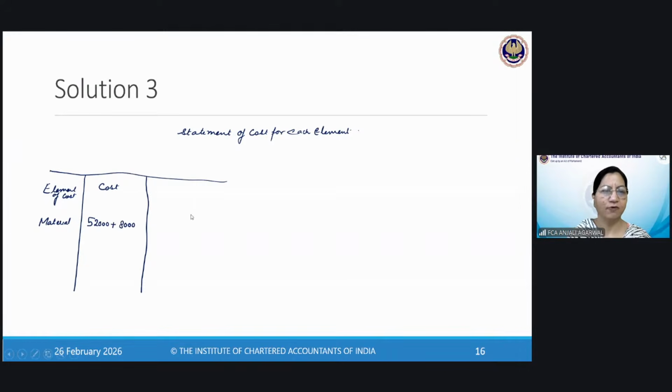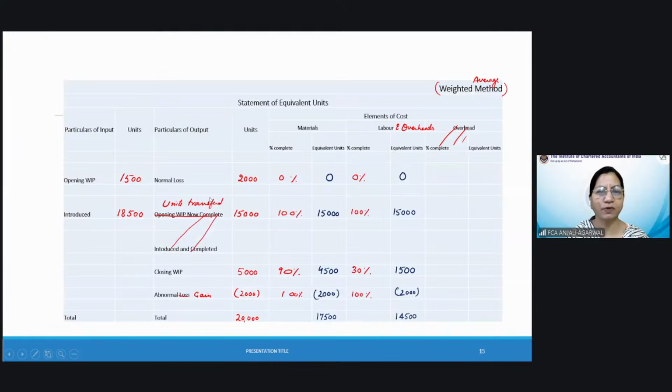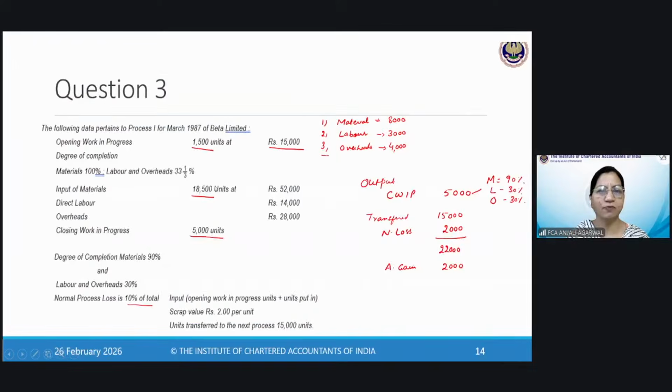So the cost of opening stock will not only move to the process cost, but will also move to the statement of each element of cost, adding 8,000 to material, 3,000 to labor, and 4,000 to overheads.